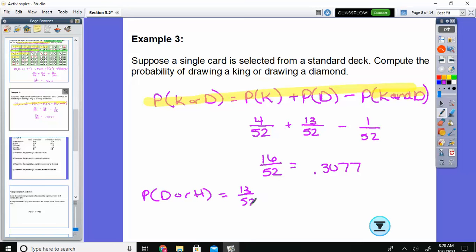Okay, if I set it up like this, probability of a diamond, there's 13. Probability of a heart, there's 13. Minus, how many cards are both a heart and a diamond? 0. So if you don't remember, you can always use this formula. You don't necessarily have to think, oh, I need the separate mutually exclusive formula. You'll get there from here. When you go to subtract off the overlap, you'll realize, oh, there isn't any, that's just a 0.